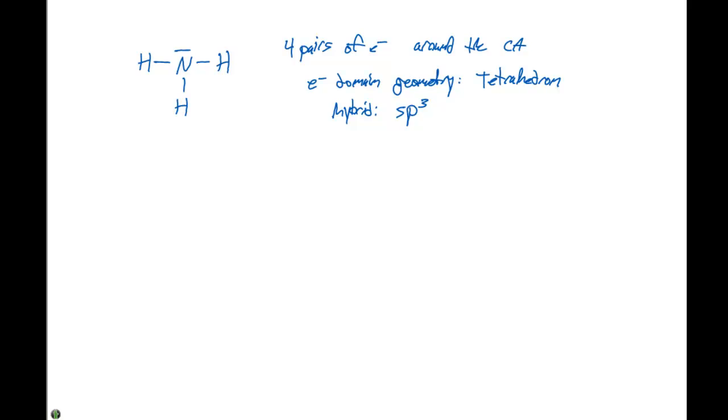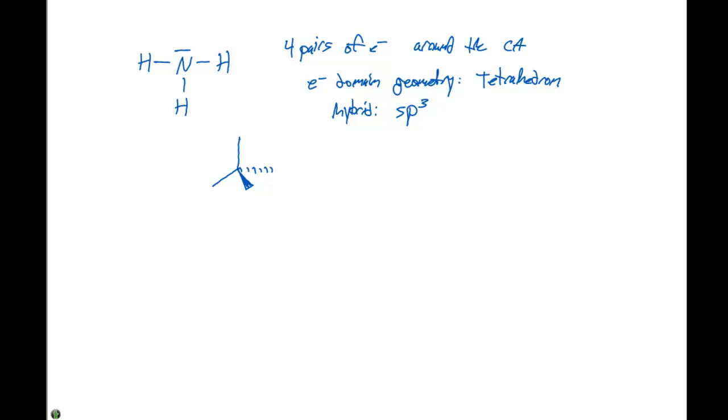And if we look at a 3-dimensional drawing of a tetrahedron, we have a molecule that's going to look something like this, with 4 ligands, where one is going to come out of the page and one is going to go back into the page.